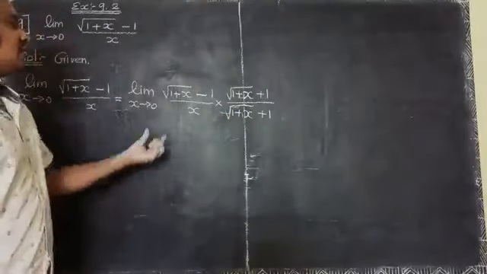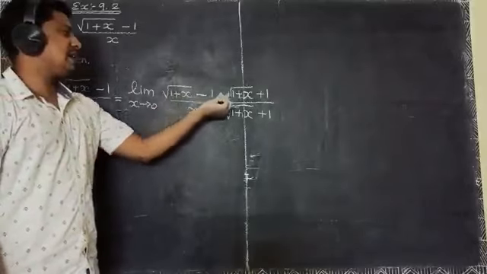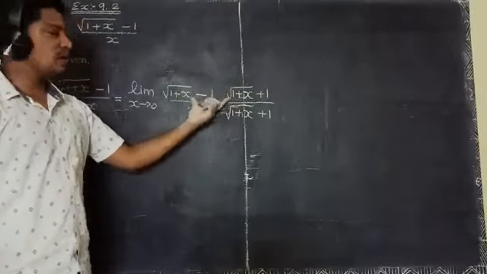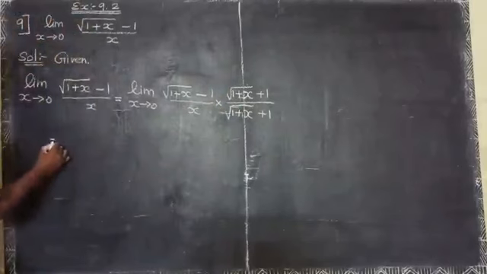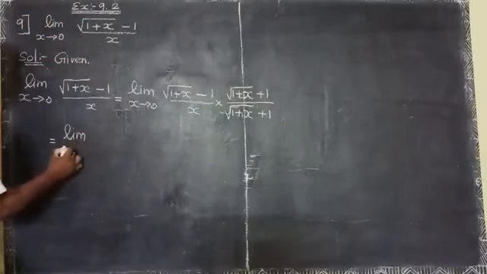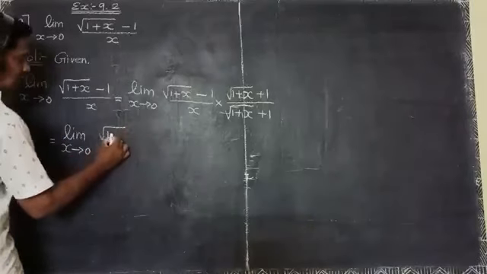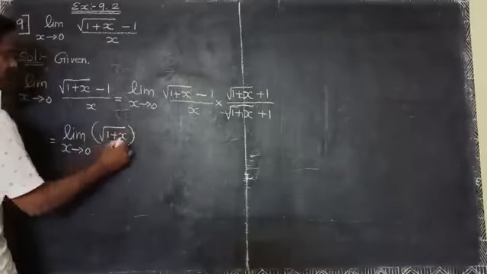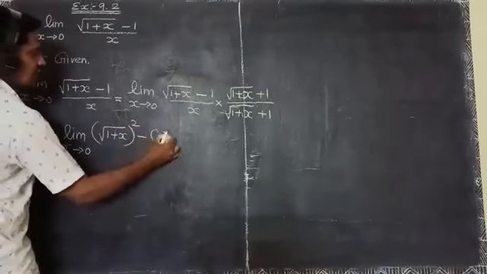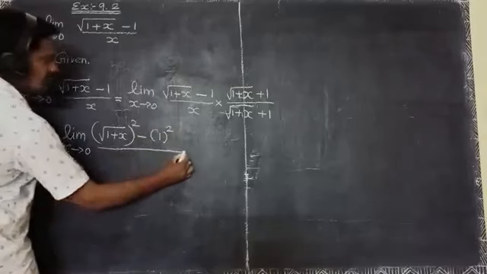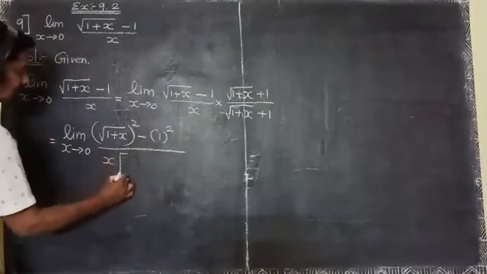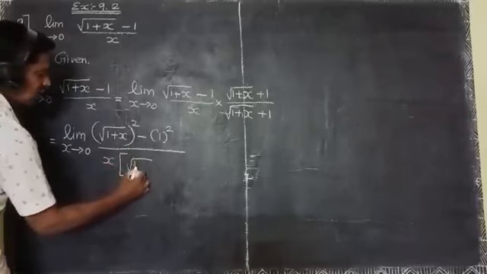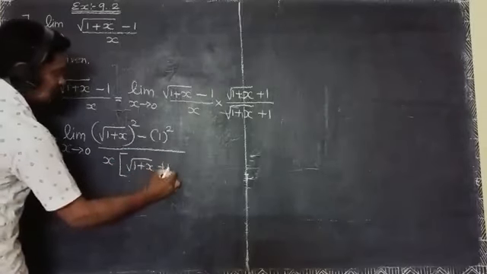The numerator is in the form (a minus b) into (a plus b), which can be written as a² minus b². Limit x approaches 0, 1 + x, this is a² minus b², and the denominator is x into square root of 1 + x plus 1.